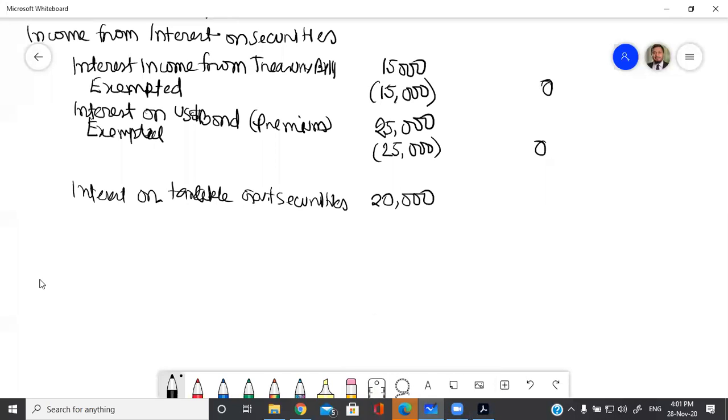but interest on savings certificate, let me write the term first. Interest on savings certificate, there is a rule that 5% TDS is applicable for the interest on savings certificate. So it is from the rule.